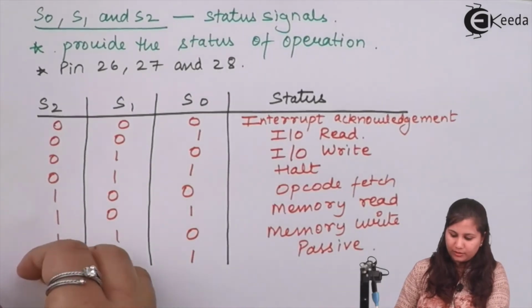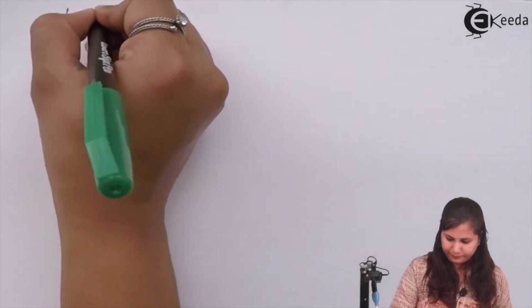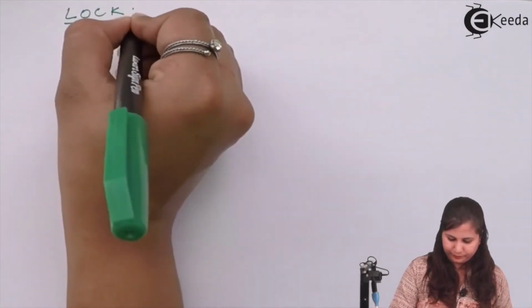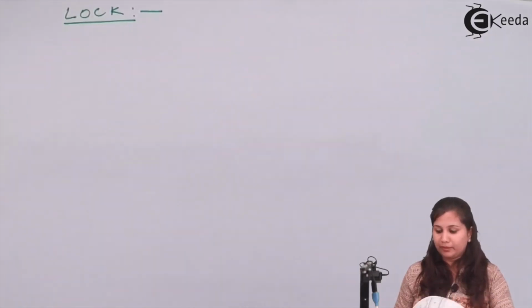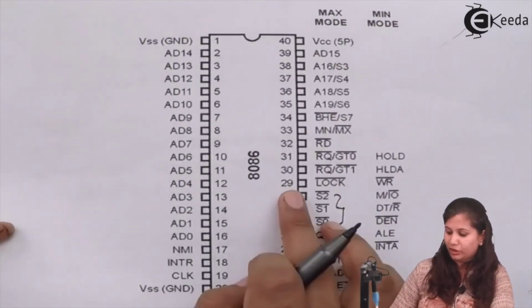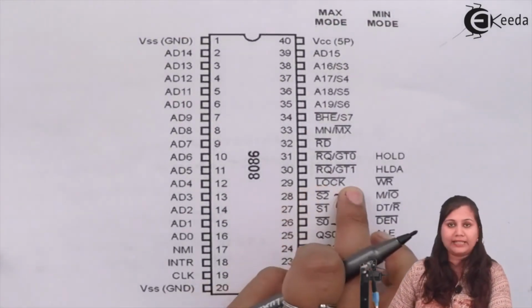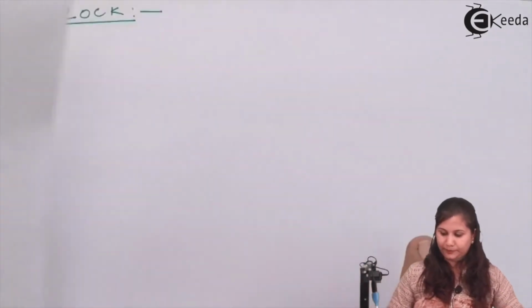Next we have the lock signal. You can see in the pin diagram that pin number 29 is the lock signal.